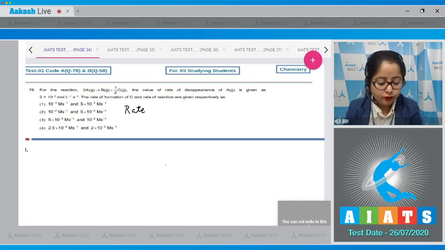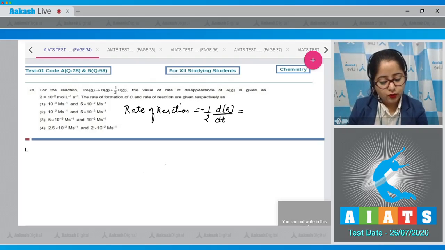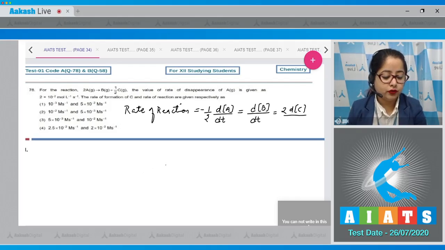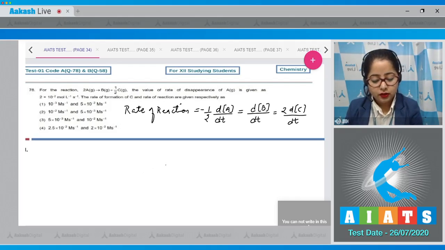So, rate of reaction is equal to 1 upon 2 times minus change in concentration of A upon time taken, which is equal to change in concentration of B upon dt, that is time taken, which is equal to 2 into change in concentration of C upon time taken.